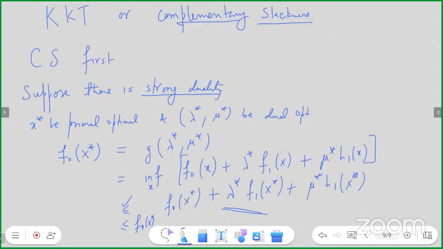So the implication is, strong duality implies lambda star f1 of x star equals 0. So if lambda star is greater than 0, then f1 of x star is 0.